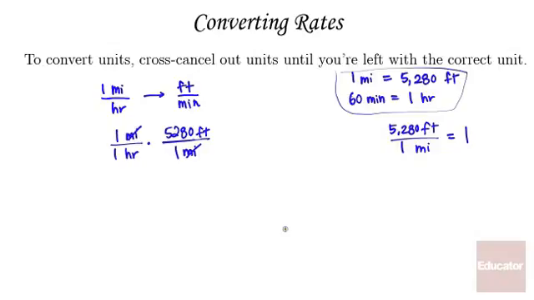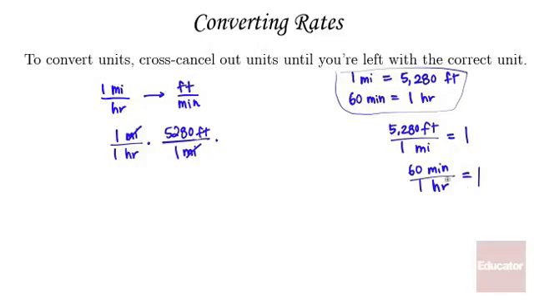Same thing for hours. Well, I also know that since 60 minutes is equal to 1 hour, if I put 60 minutes and divide it by 1 hour, this whole thing equals this whole thing, so this is also equal to 1, isn't it? They equal each other. Whenever the top and the bottom equal each other, that always equals 1.